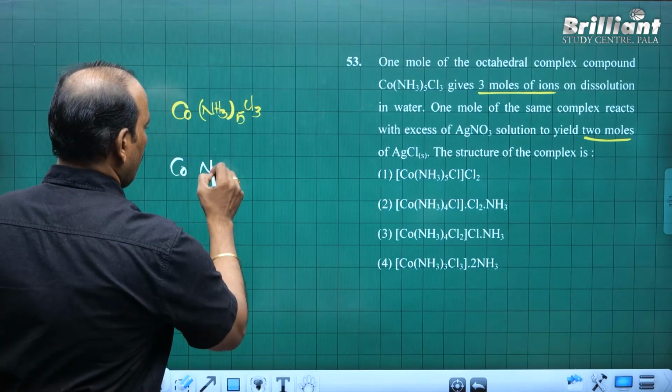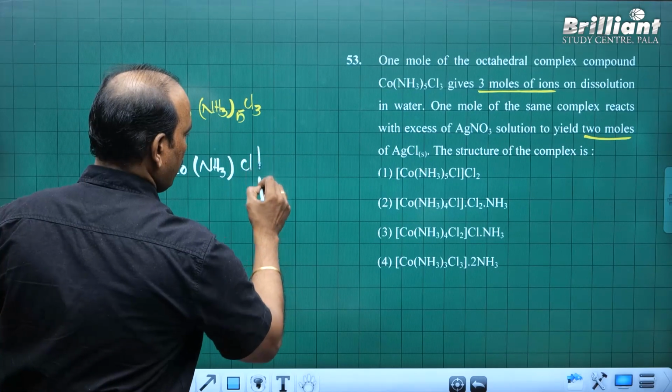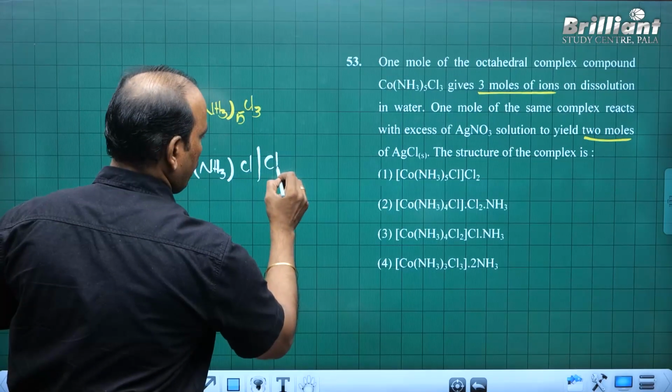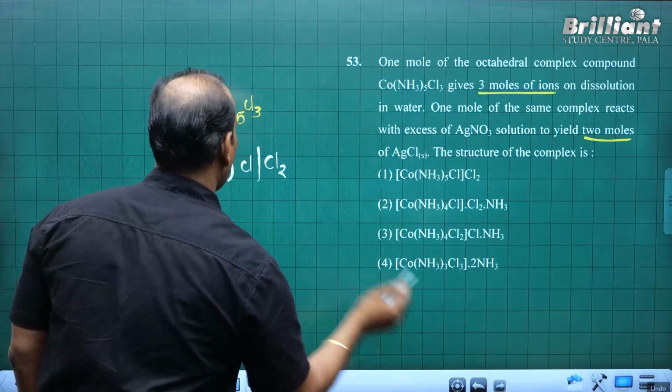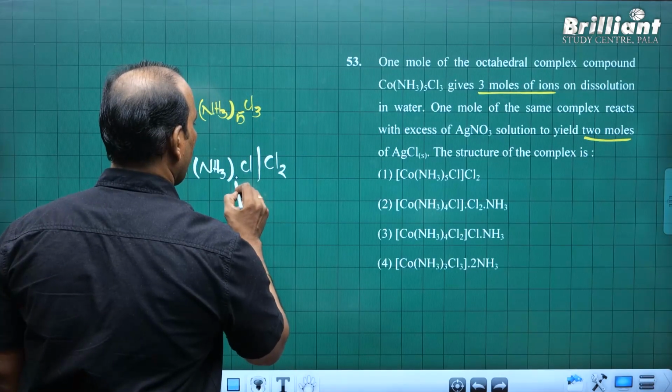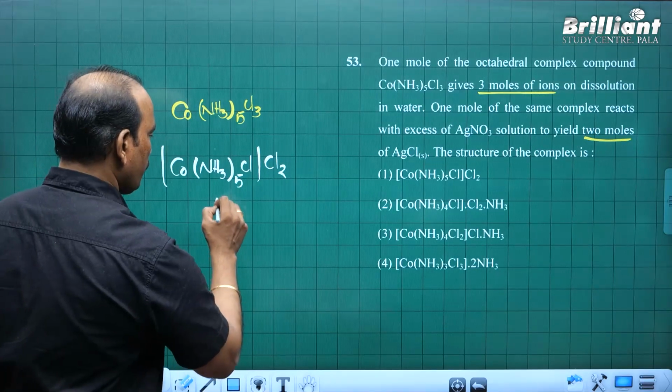Co, NH3, here Cl, outside 2 Cls. That's why here this is a number 5. So when dissociated, how many ions are there?